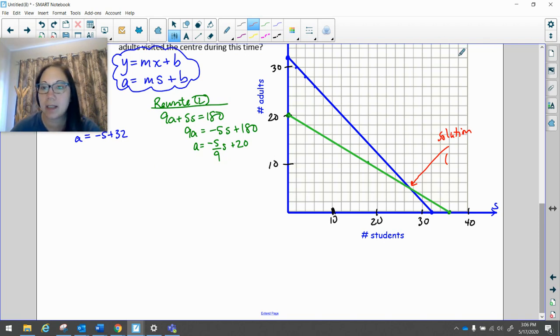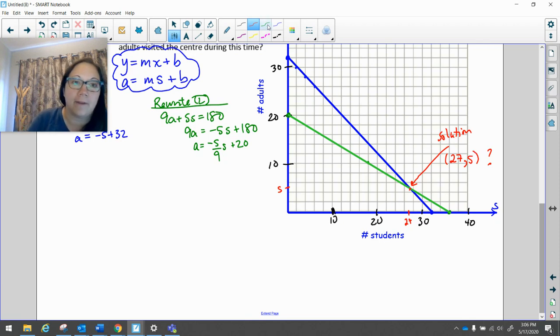So I'm going to say 27. 27 across. And then it looks like it's up 2.5 spots. So that would be 5 over here. If I went down to this point, it looks like it would be 27. So I'm going to say, I think it's 27 and 5, but I'm not sure.